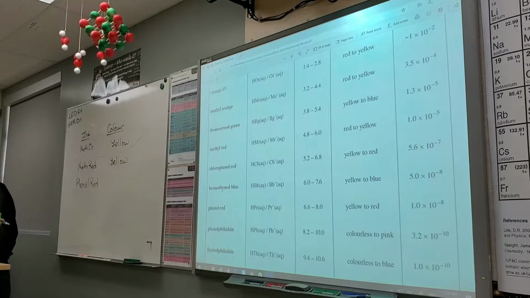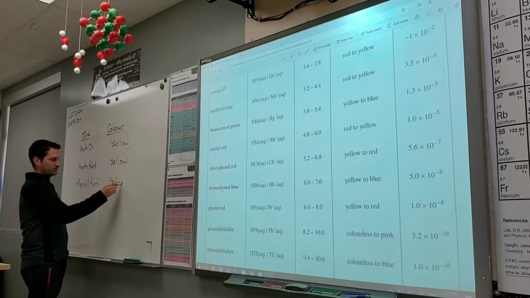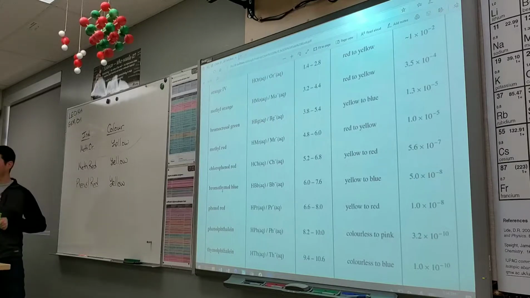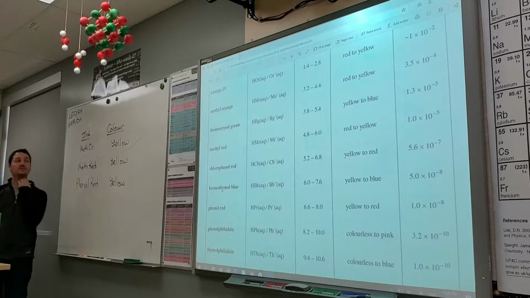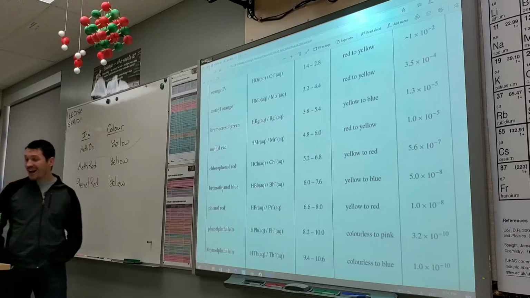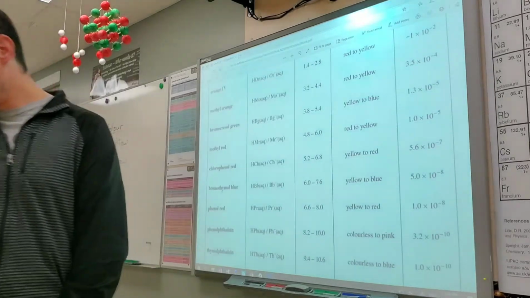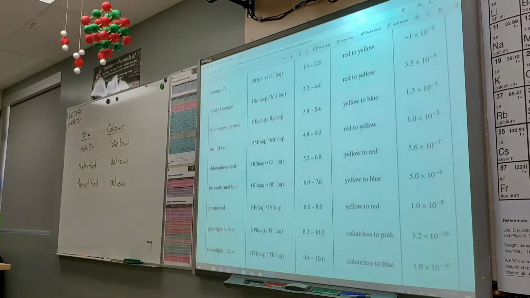And in phenol red, it was yellow. Oh, look at that. That's interesting. So I want you to try this, you and a friend. I'll give you a minute, and I want you to tell me what pH range this has to be in. What's the highest and the lowest values?